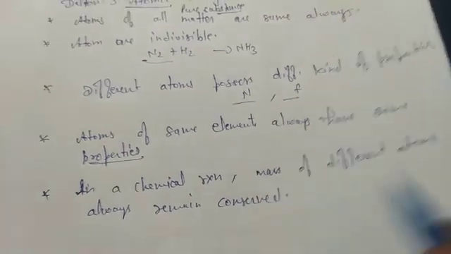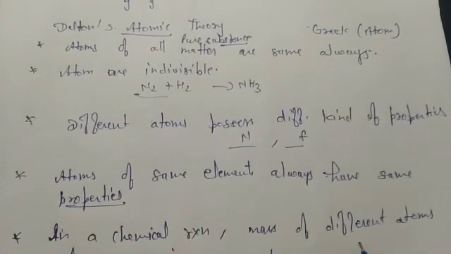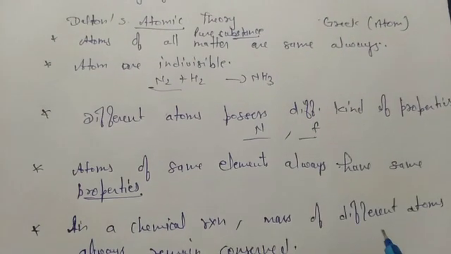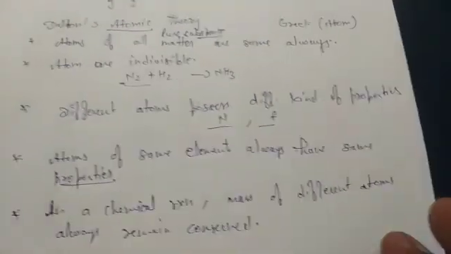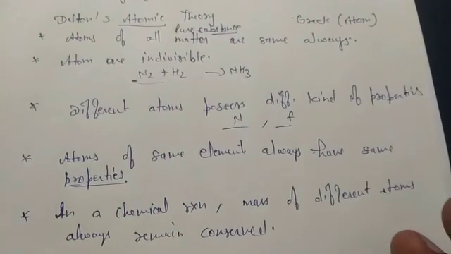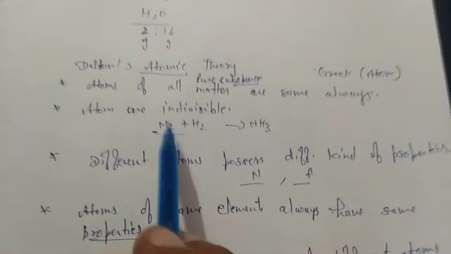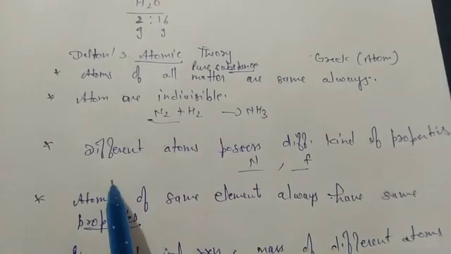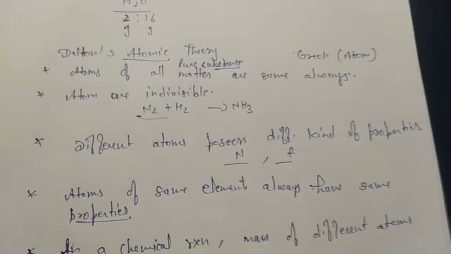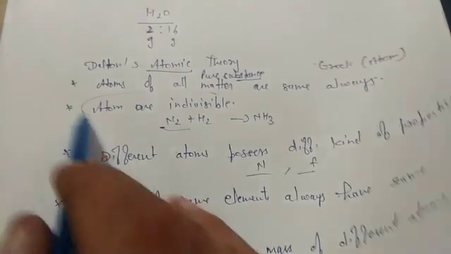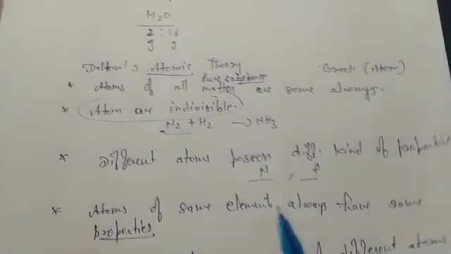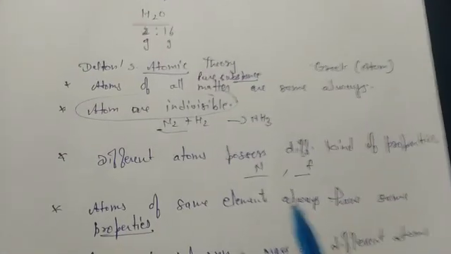So these are some famous postulates of Dalton's atomic theory: atoms of the same element have the same properties, atoms are indivisible, different atoms possess different kinds of properties. These two are the main important postulates, and they are still obeyed. But atoms being indivisible is only applicable during chemical reactions.